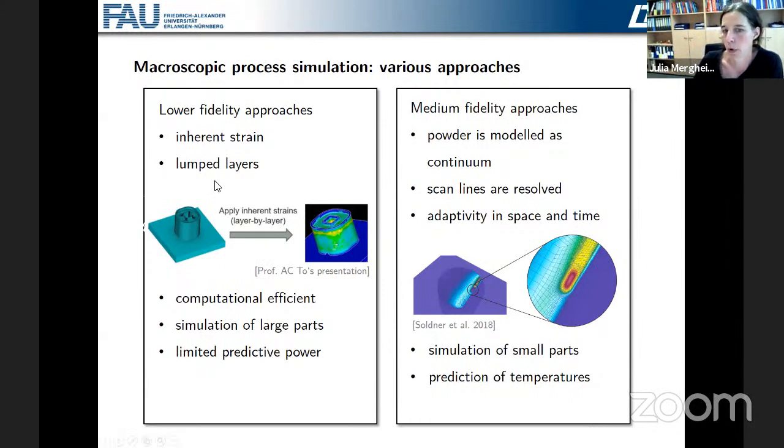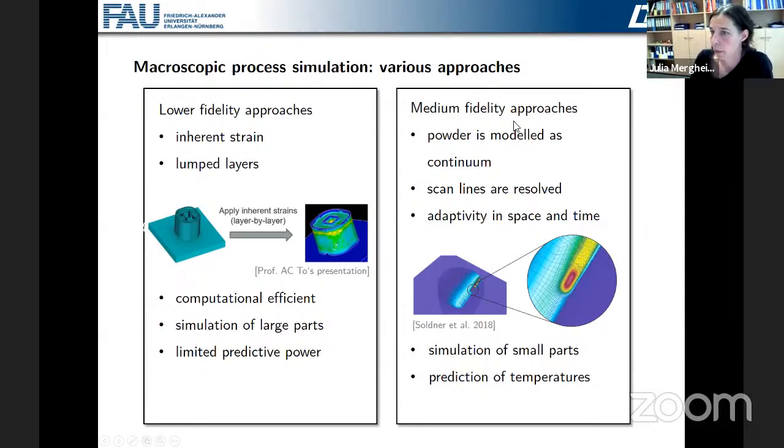Or we can have approaches with lumped layers where several layers are applied at the same time. So the advantage is, of course, that we are able to simulate these large parts. However, the predictive power is limited and depends on the particular geometry and the material and so on.